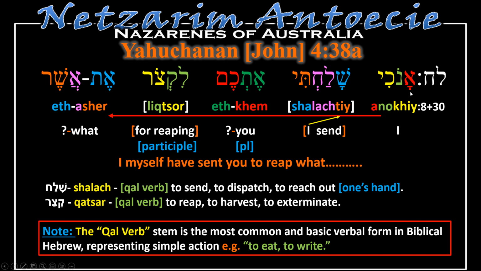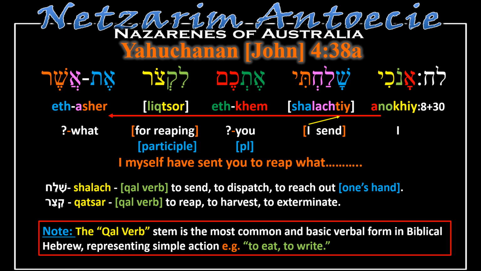And we read it. Anuki, I, Shalachti, I send, Et, Kim, you. Grammar marker you, and that's a plural you. Lik-sor, for reaping, and I've used it in the participle form.